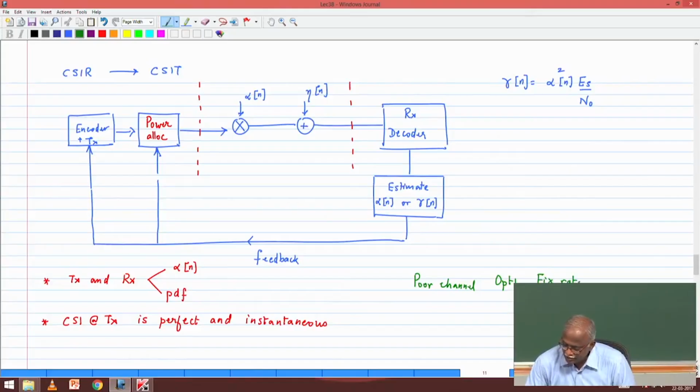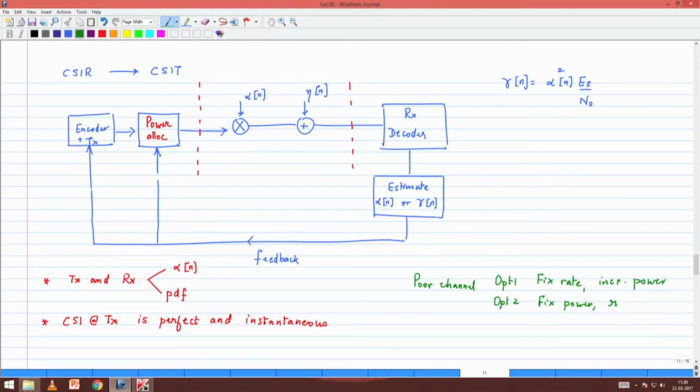That means don't change the encoder or the decoder, but it can increase the power of transmission, that is the power allocation, so that you can see whether the rate will go through. Or it can go for option 2, where you fix the power, don't adjust the power, but you reduce the information rate. That means put more coding on that, therefore improving the likelihood of getting through the channel.